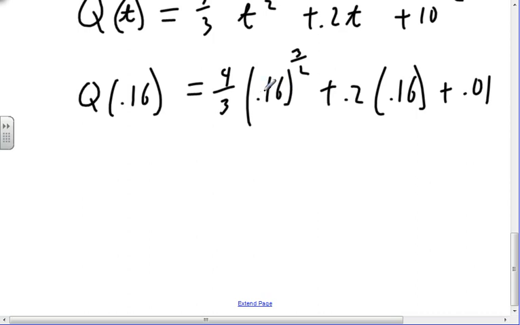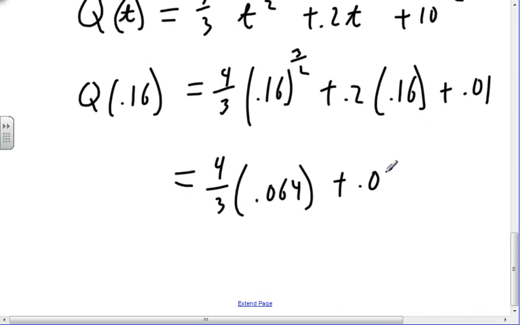The square root is 0.4. 0.4 cubed is 0.064 plus 0.2, that'd be 0.03632 plus 0.01.